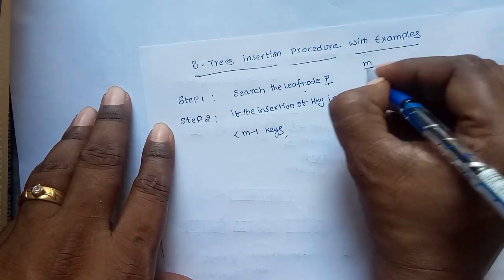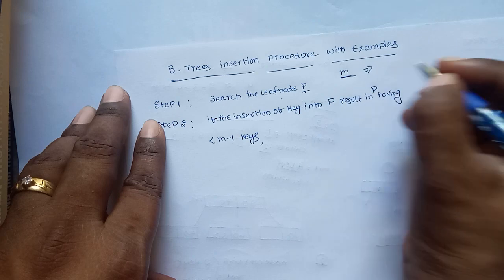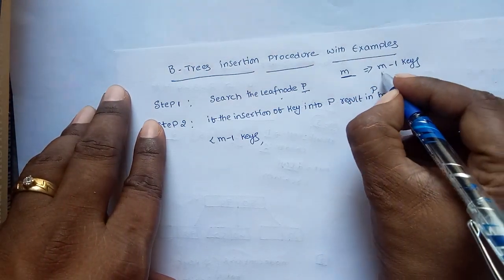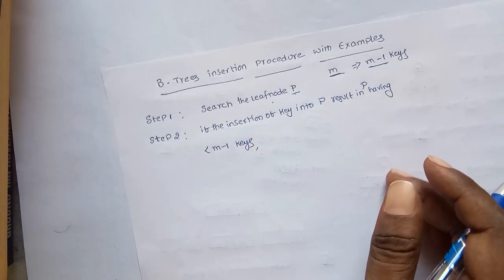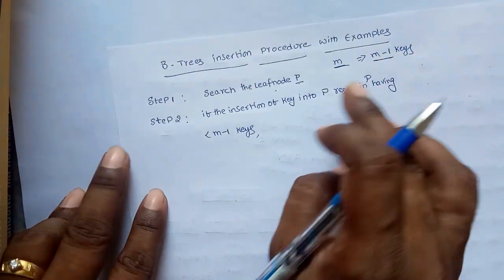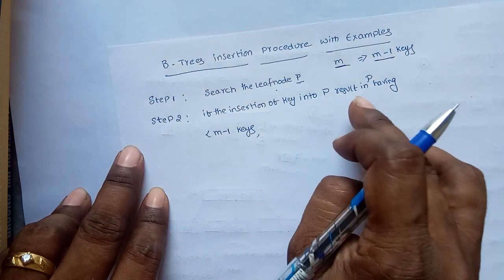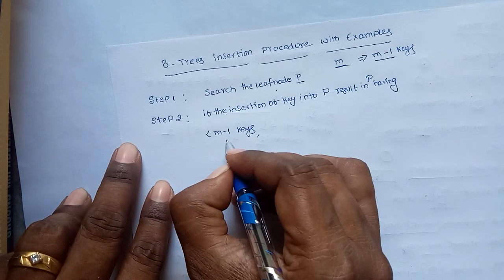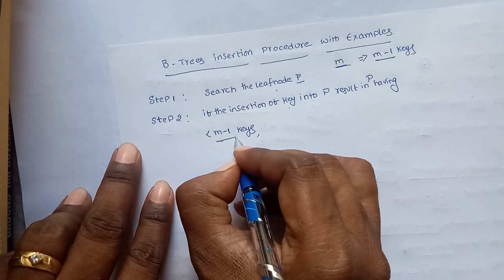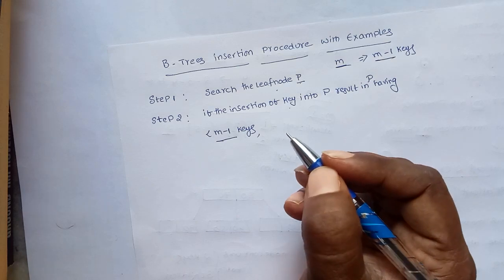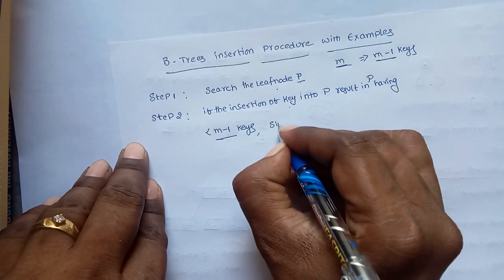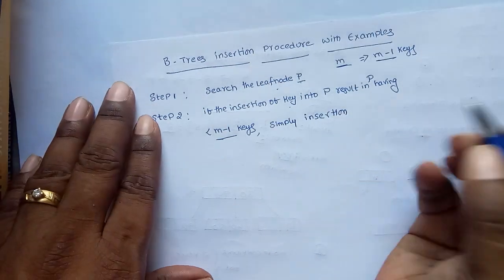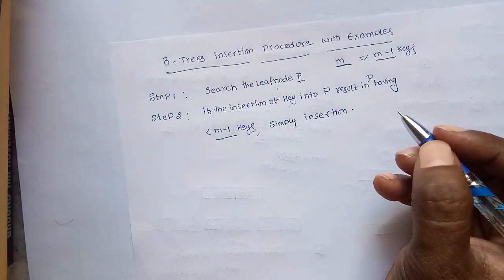Suppose a B tree of order m contains a maximum of m minus 1 keys. After insertion of the key into P, if the resultant node also has less than m minus 1 keys, what we have to do?